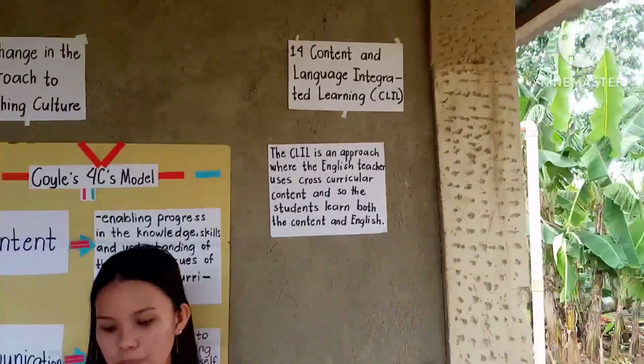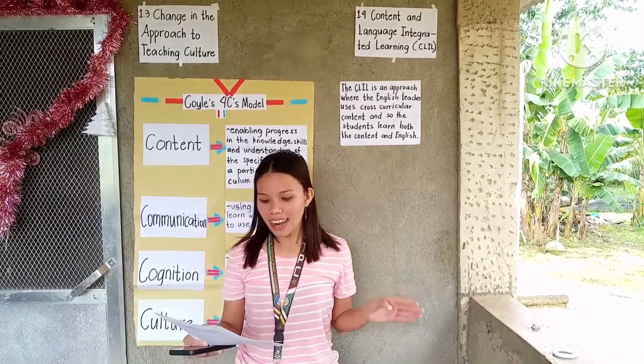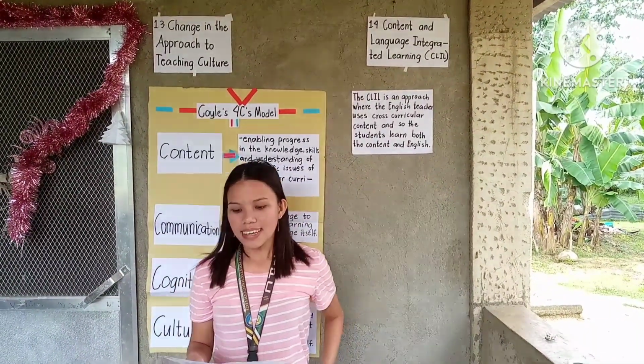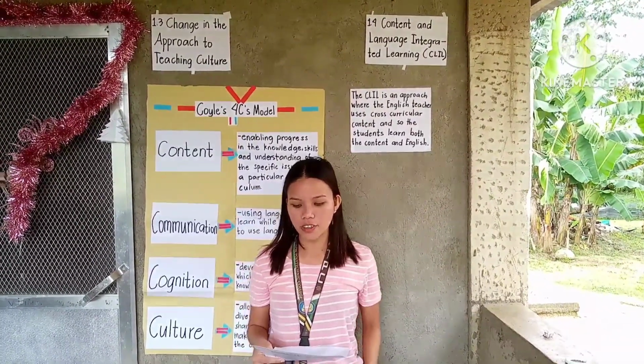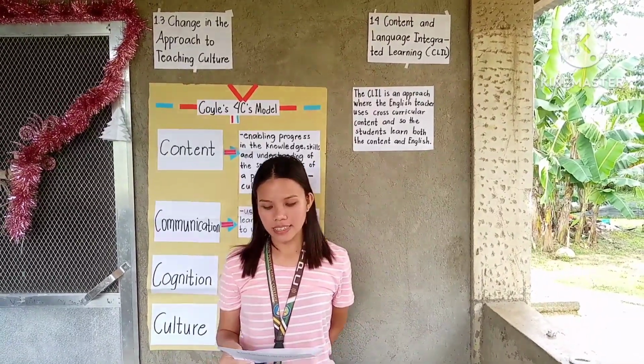CLIL is an approach where students learn a subject and the second language at the same time. CLIL is an innovative methodological approach that aims to foster the integrated learning of languages and other curricular content.